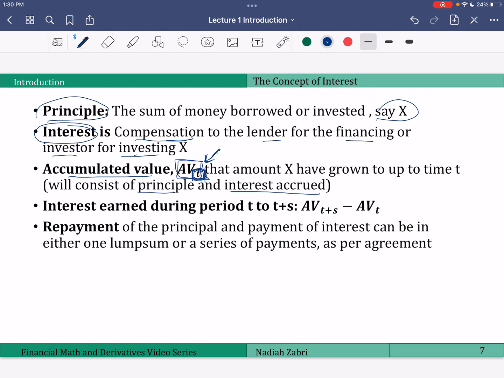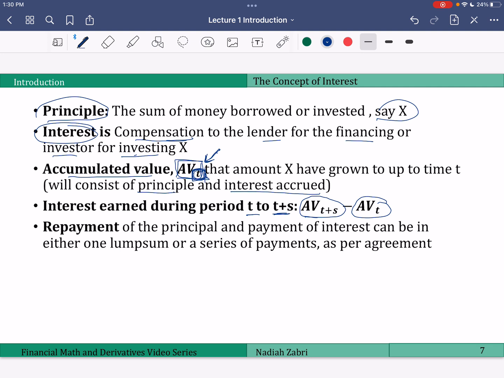Next, interest earned during a period of, let's say, T and T plus S. The interest earned is simply the accumulated value at the ending time minus the accumulated value at the beginning time. So the difference between the value at the end and the beginning is the interest earned during the period.